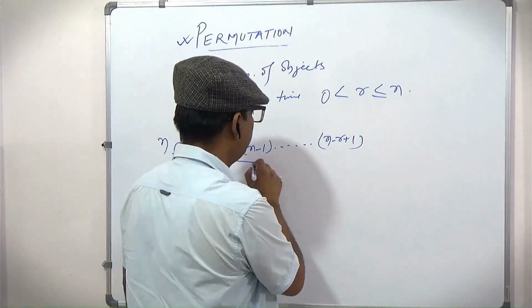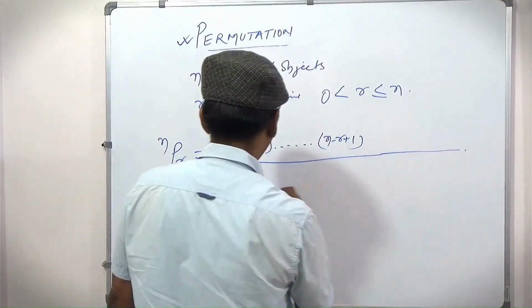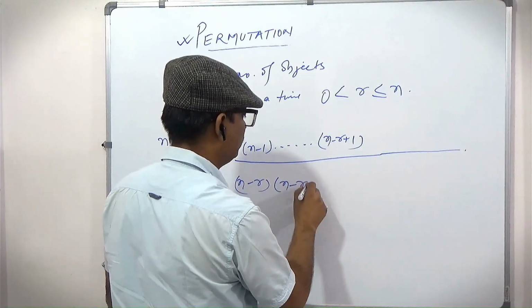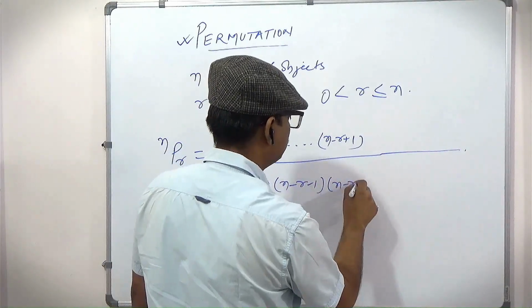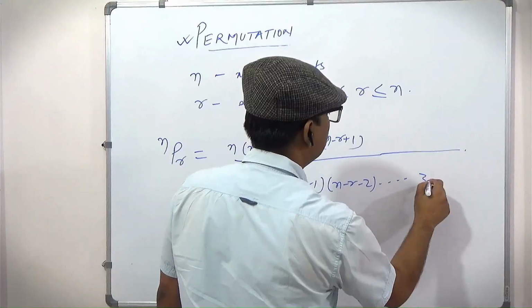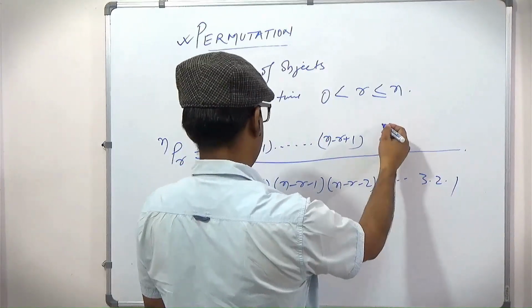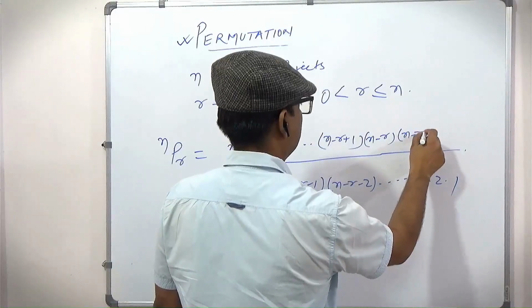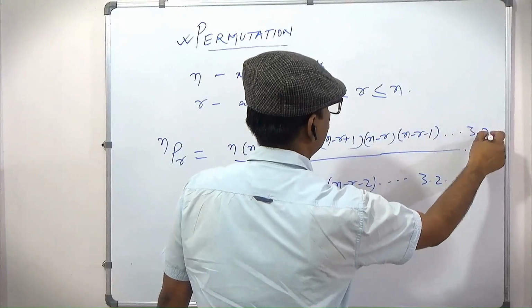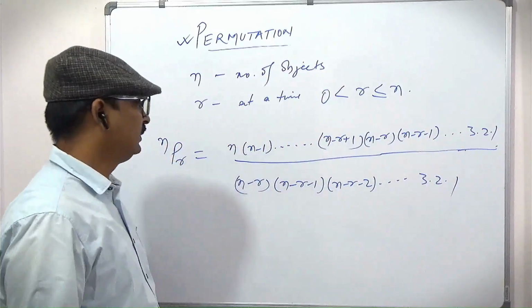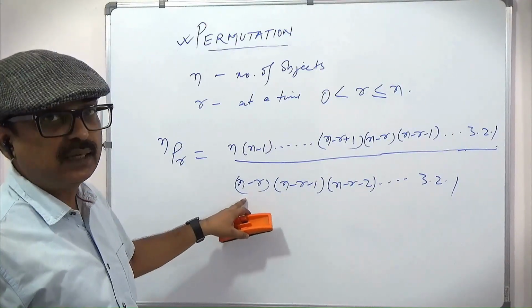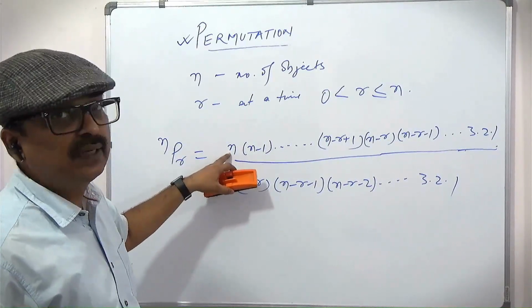Let's say we multiply the numerator and denominator by n minus r, n minus r minus 1, n minus r minus 2, so on to 3, 2, 1. So let's multiply the numerator also by n minus r, n minus r minus 1, and so on to 3, 2, 1. This is factorial of n minus r, and this is factorial of n.